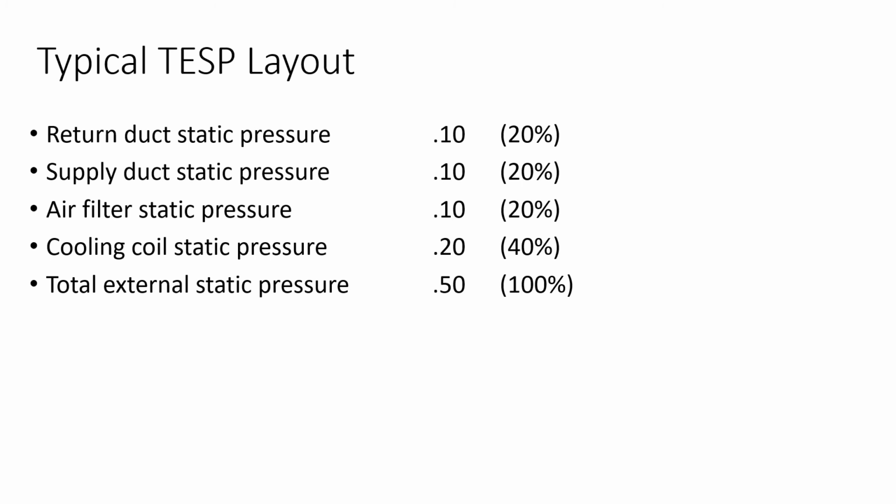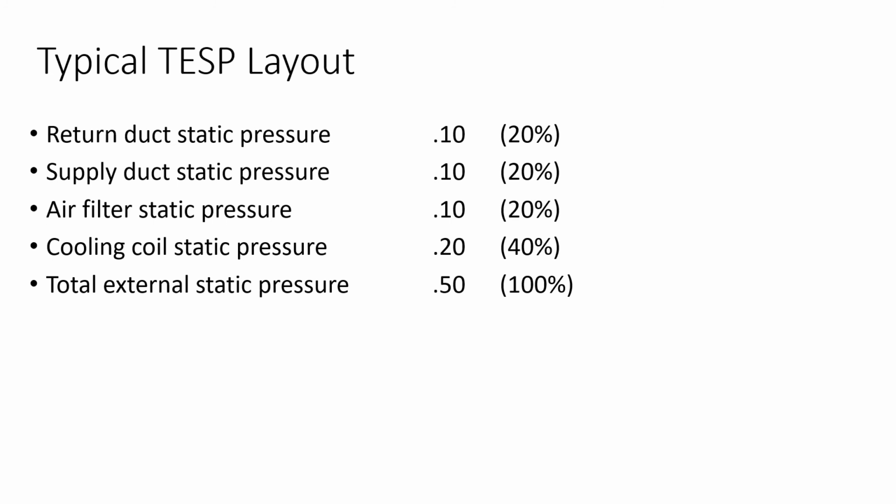So if we were to test the return static on this particular system, we would be measuring the resistance of the air filter and the return duct static. So we would probably have a return air static measurement of 0.20 inches water column.